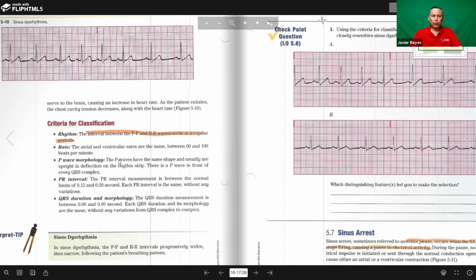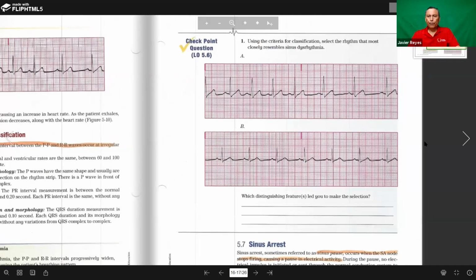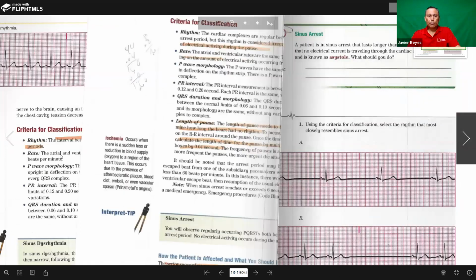The PR intervals should be the same because there is nothing blocking the signal from traveling down. So the PR interval is completely normal. And the QRS should be within the same range, 0.06 to 0.10. So nothing is interrupted. The only thing that is interrupted is the P and RR waves that are not happening at regular periods. Again, it happens when somebody is breathing. Okay, so let's look at, oops.